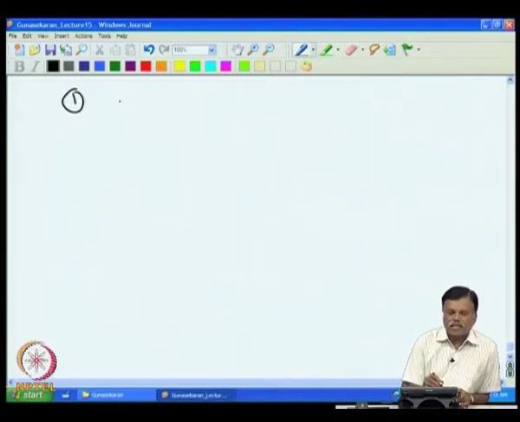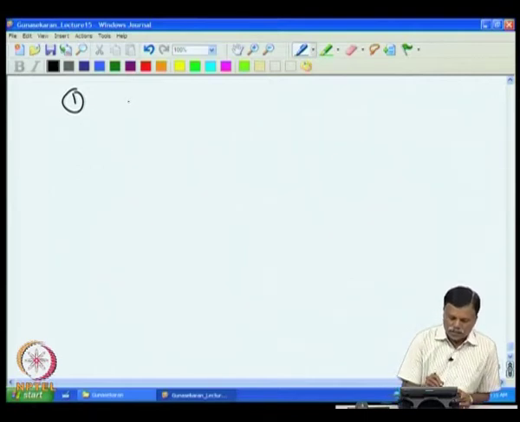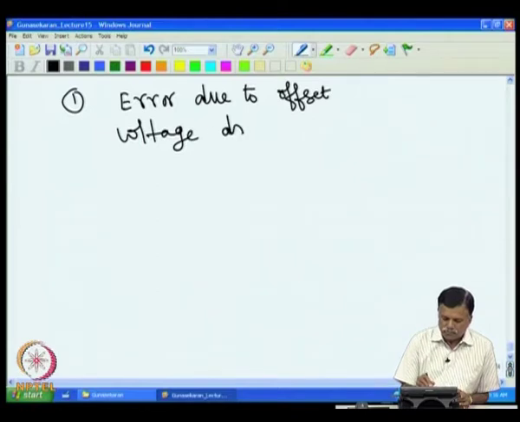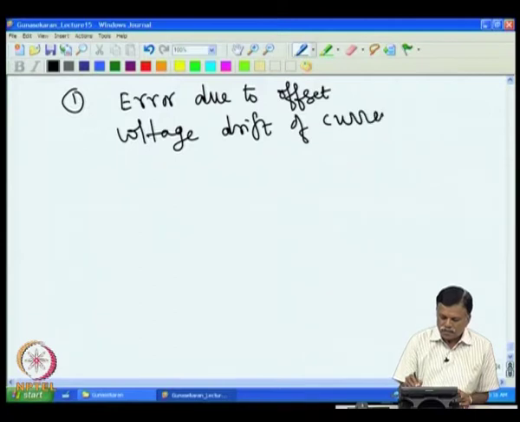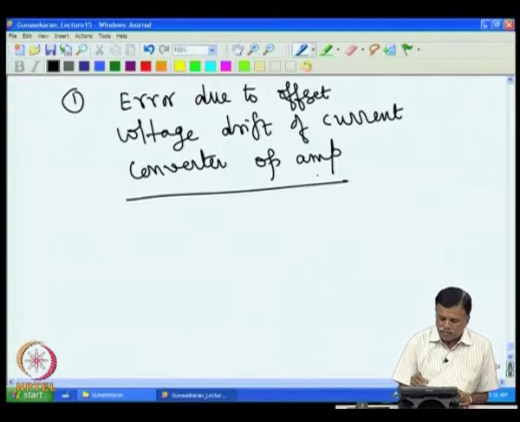That is the first error in the current converter stage, the error due to offset voltage drift of the current converter op amp. That is the error that we are going to calculate.